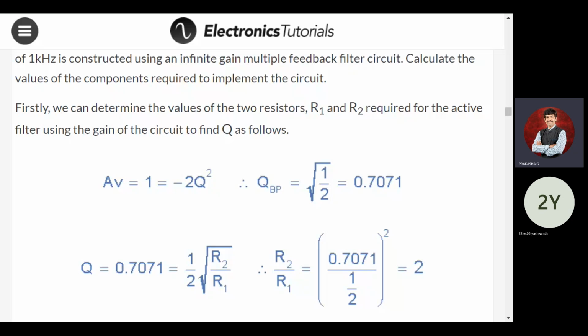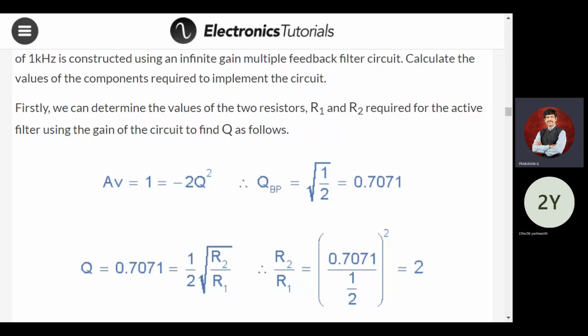Band rejection. We have a low pass filter and a high pass filter, and add both of them. One filter is giving the low pass filter output, and there is one more separate filter giving the high pass output.